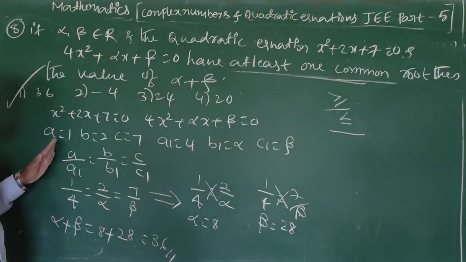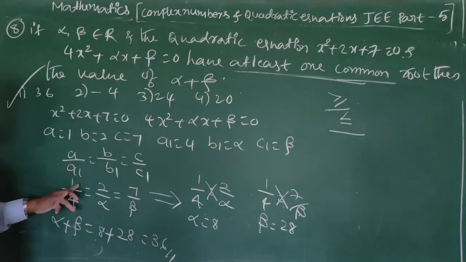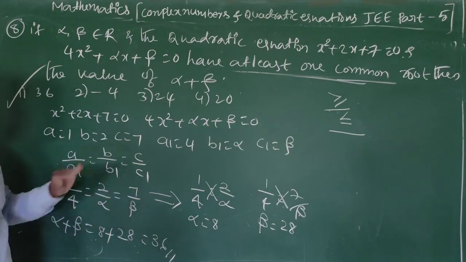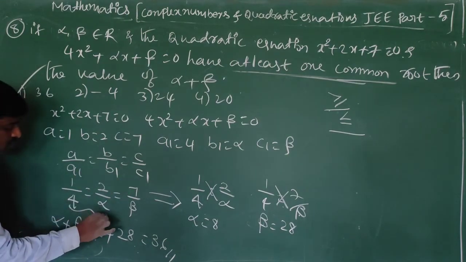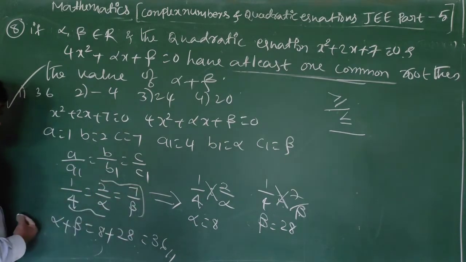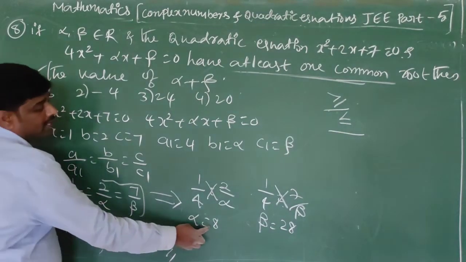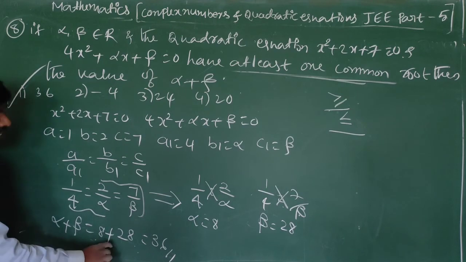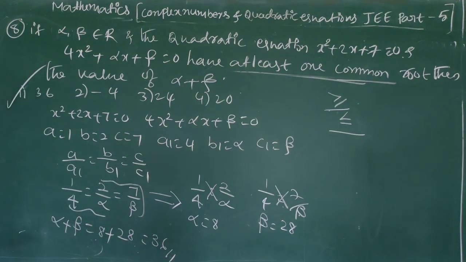So the two common roots formula is what? a by a1, b by b1, c by c1. Substitute the values and equate. So alpha is equal to 8, beta is equal to 28. They are asking alpha plus beta. 8 plus 28 is 36.